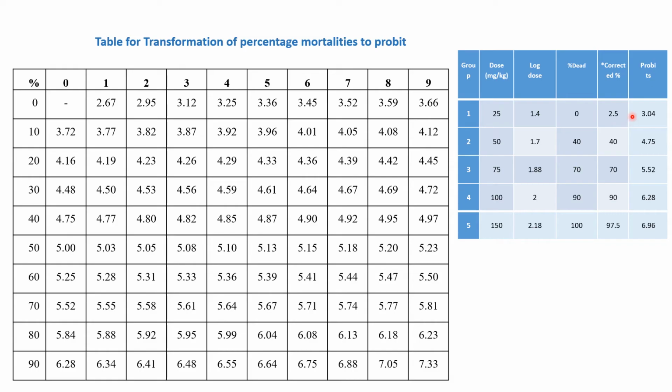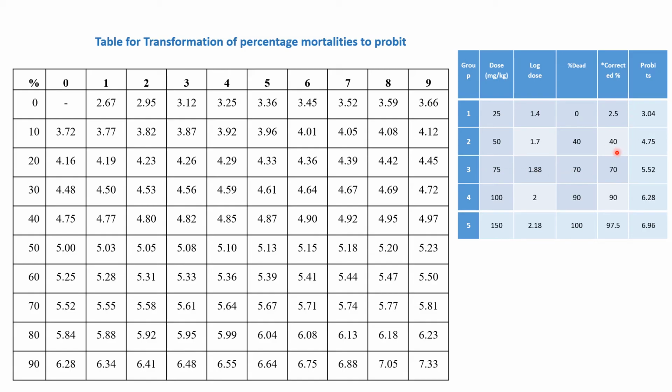You can see here the percentage and here the probit number is given. For 2.5, that means it lies between 2 and 3, so we need to take the mean of these: 2.95 plus 3.12 divided by 2. So you will get the result as 3.04.